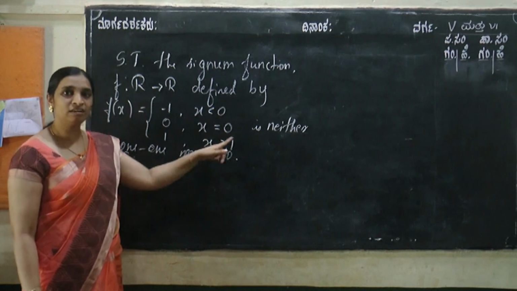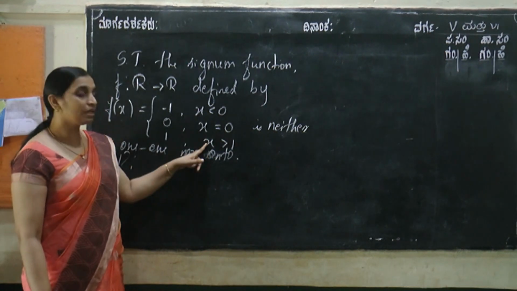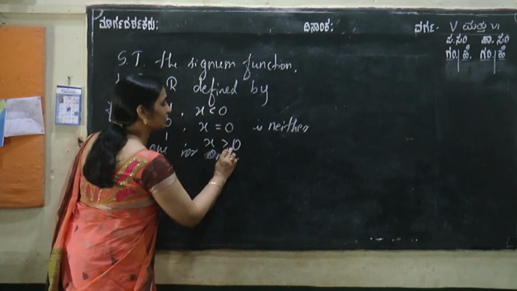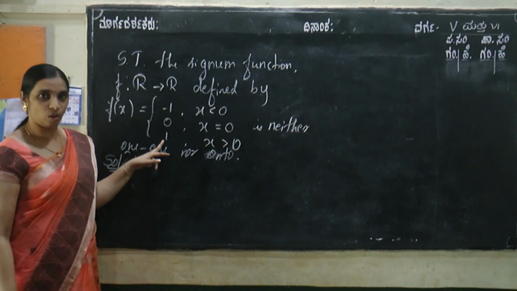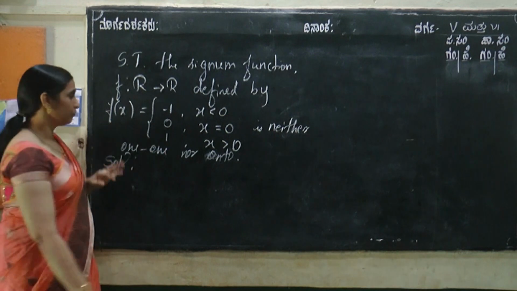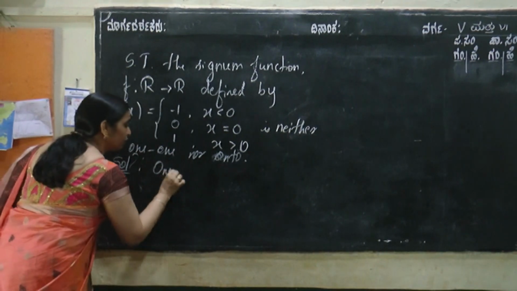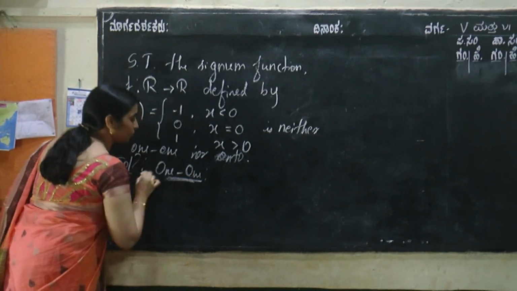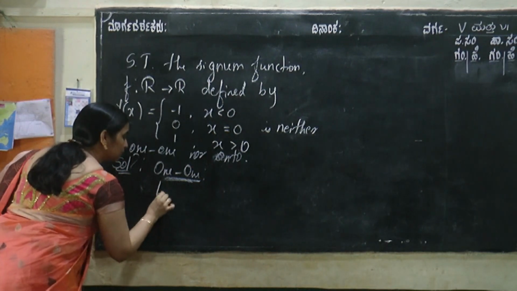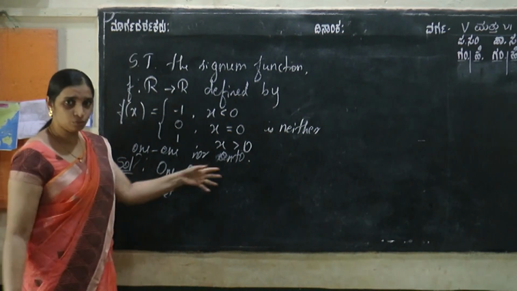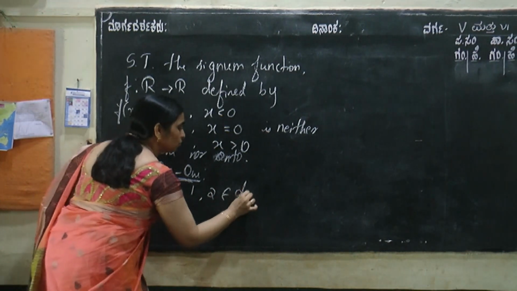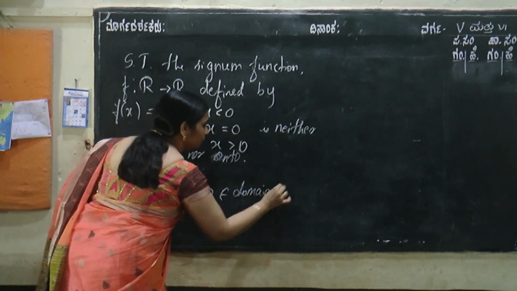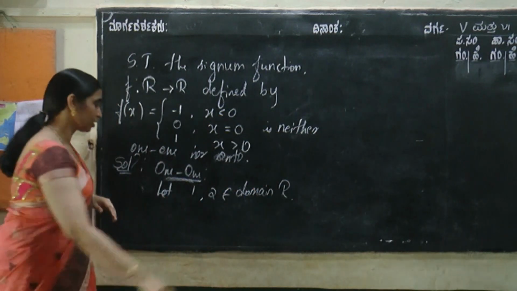If the real number is greater than 0, then the image is always equal to 1. So for the one-one check, let us consider two real numbers.